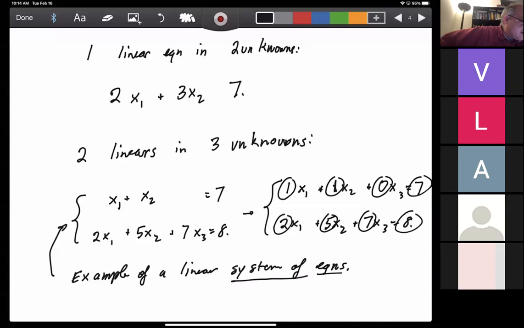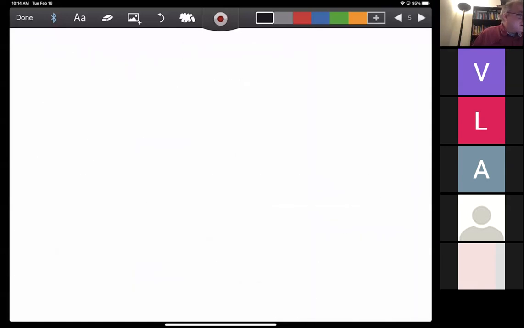So it's easier to pick one letter like x to represent an unknown, and then index x to represent a number of unknowns. So we can write a system.